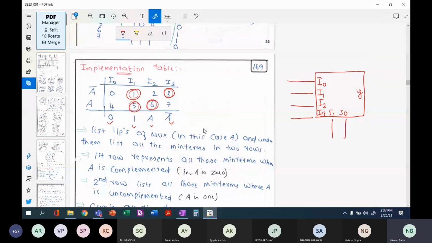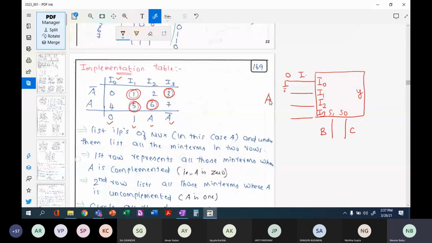Now the problem variables. My select lines correspond to B and C, and my input lines correspond to A. Now I0 corresponds to 0, so you ground it, or you put a 0 value here.